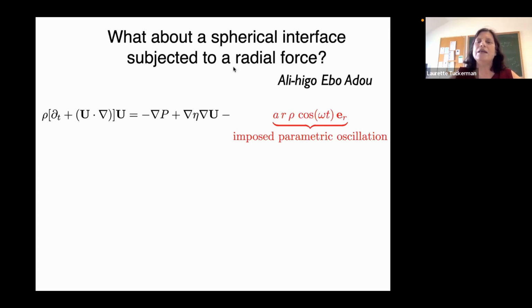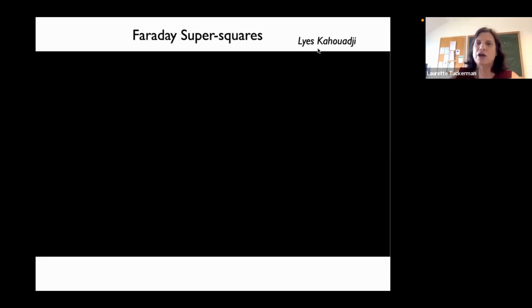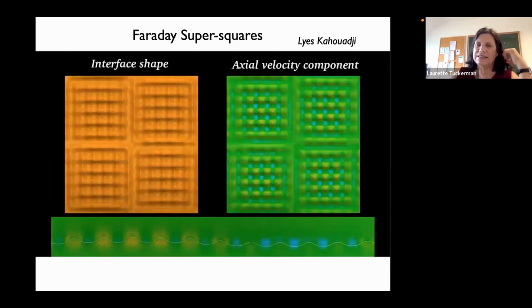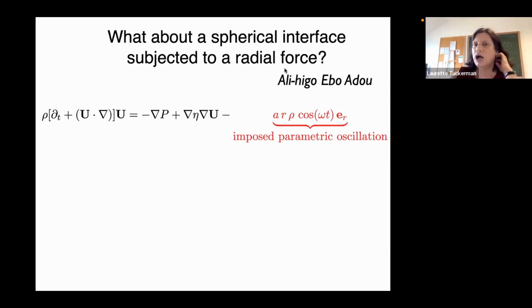What about a radial force? What about a radial version? I should have said that the previous work was done by another postdoc. This now is another PhD student, Aliyigo Ebo Adu, and this is a radial oscillation. This is much more difficult to put in the lab.